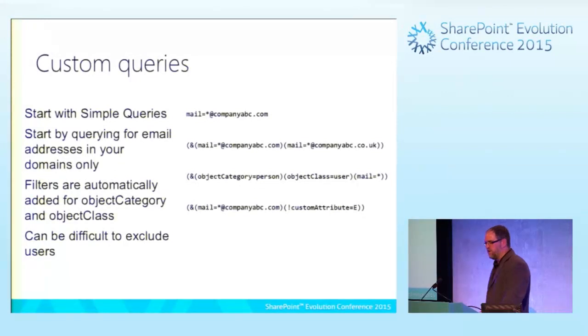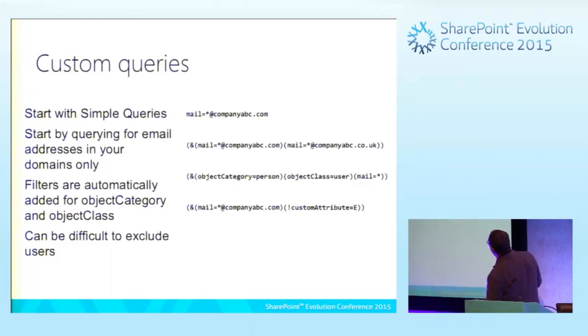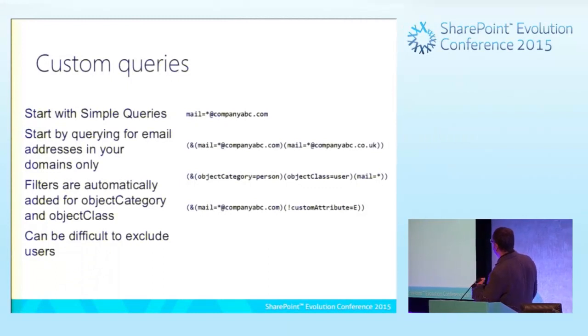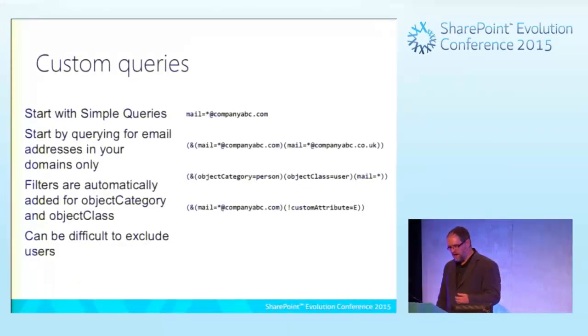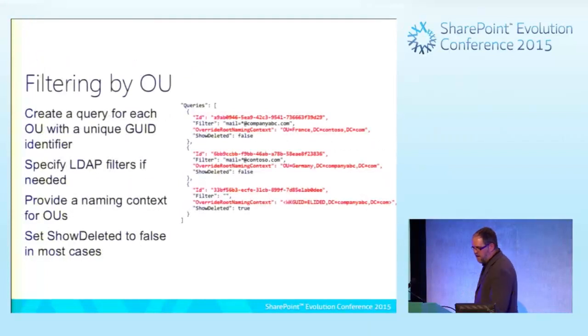But what's also another common thing to do is people will specifically filter out users based on other types of categories. They want to make sure it's a user account, or they want to make sure it matches a specific custom attribute. So you can essentially do LDAP queries directly in those files to update and change what is syncing back.